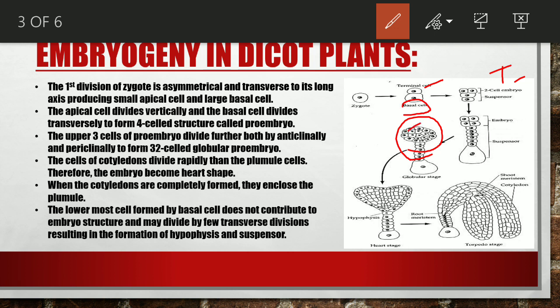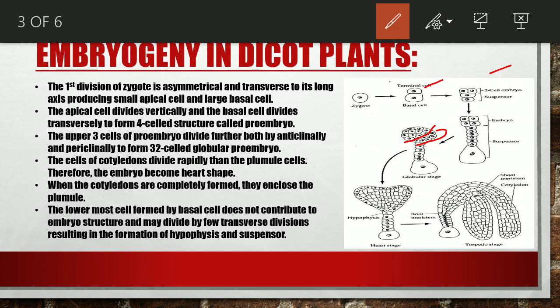The outer layer of the globular proembryo develops into a distinct layer called dermatogen, which later forms epidermis, and the inner cell of the upper region develop into the cotyledons and plumule, while the lower cells develop into the radicle.